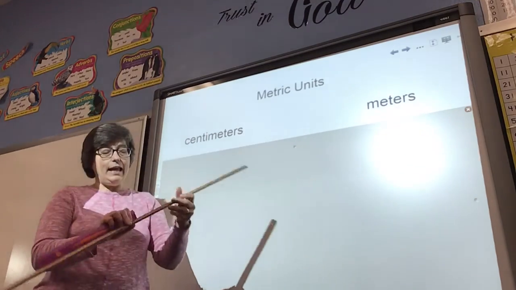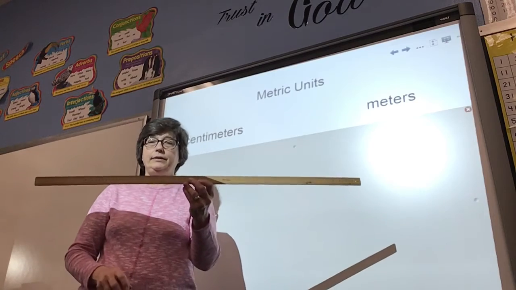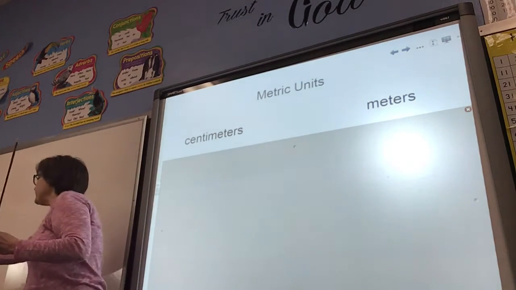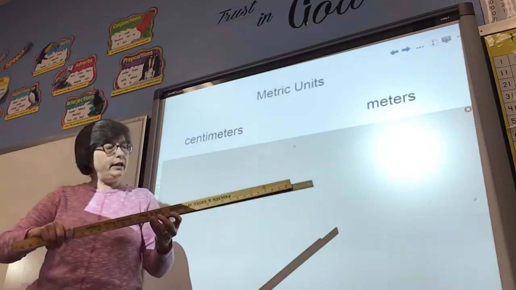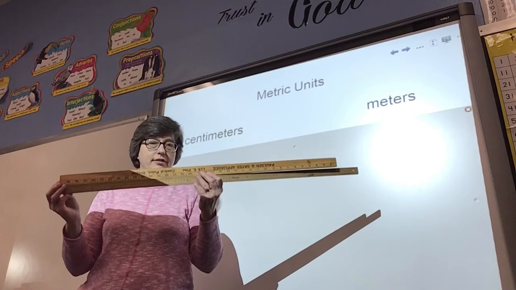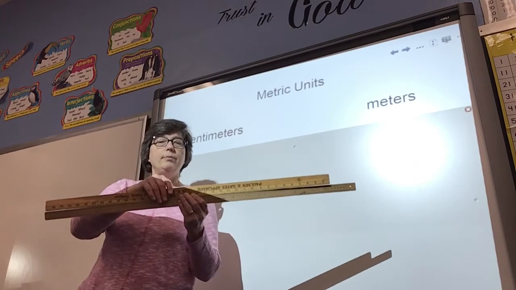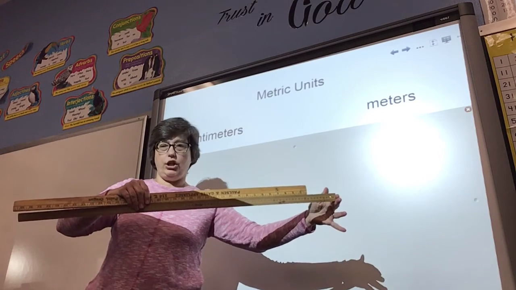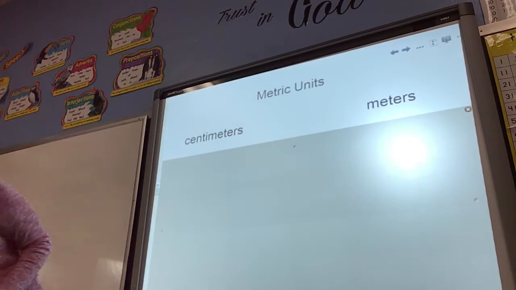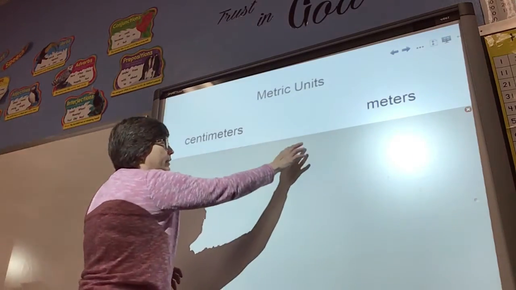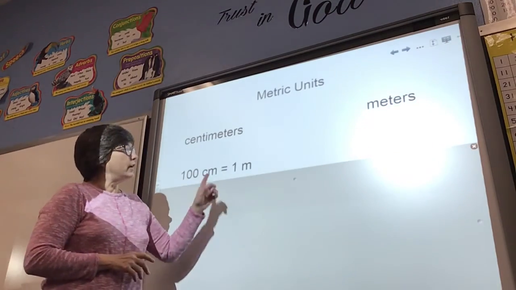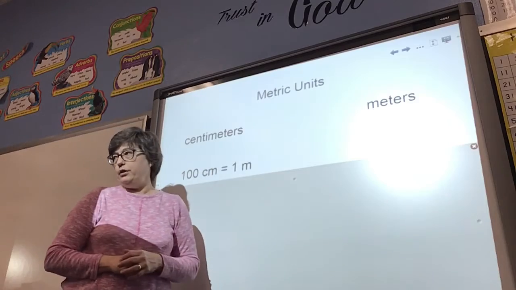Now, this is a meter stick, okay? If you notice, it's a little bit longer than a yardstick, okay? So a meter stick is a little bit longer, all right? When we are talking centimeters and meters, 100 centimeters equals 1 meter.